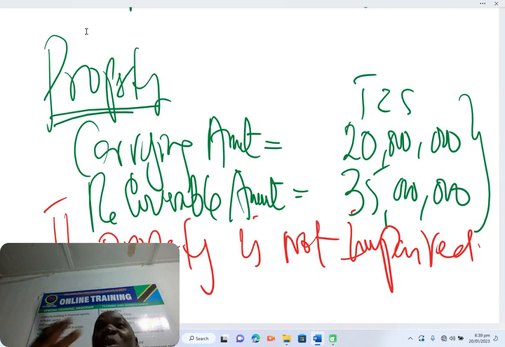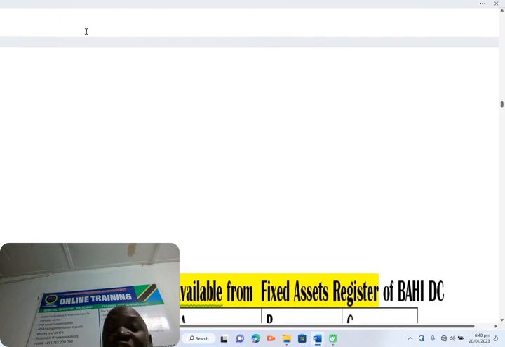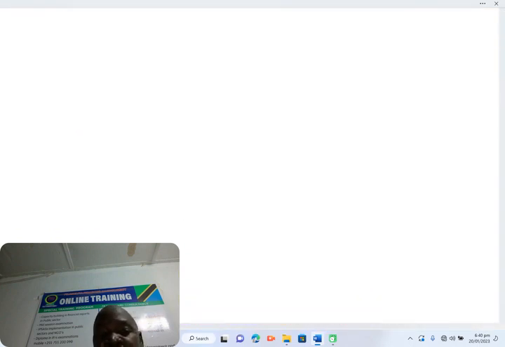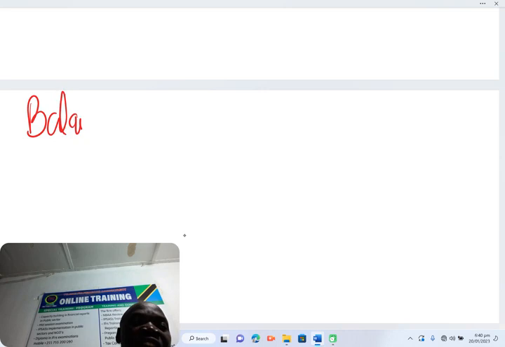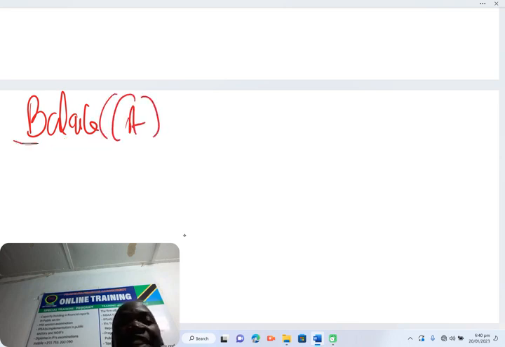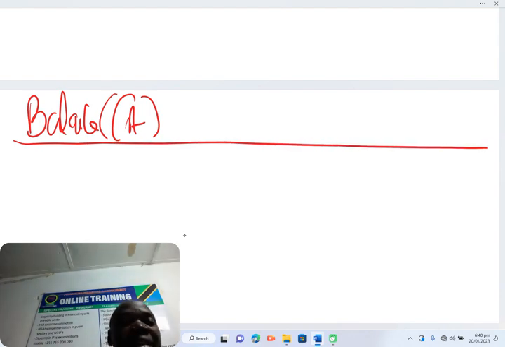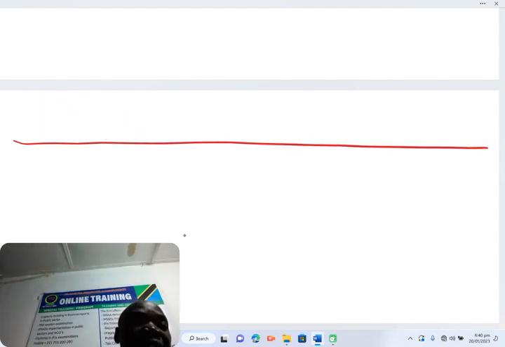Now let's see. Can we now compute impairment of the rest? I say it's very easy. Number one, generate a very good table here. First of all, the balance sheet figure reflects the carrying amount of these assets as reflected in the balance sheet. So first of all, particulars.